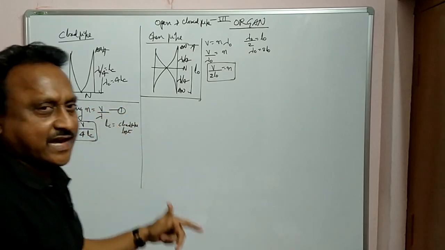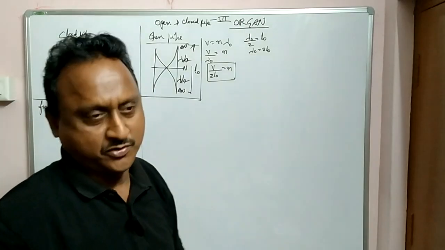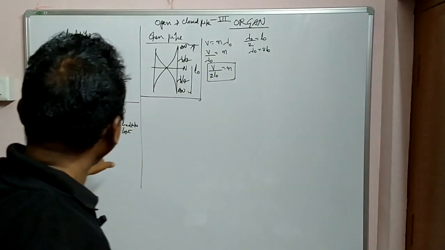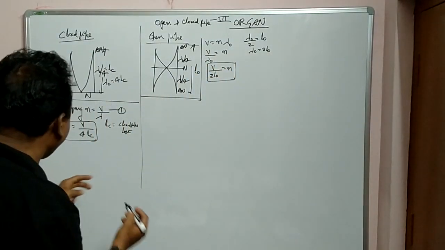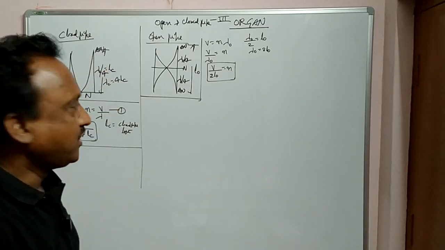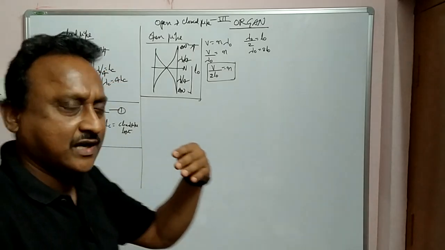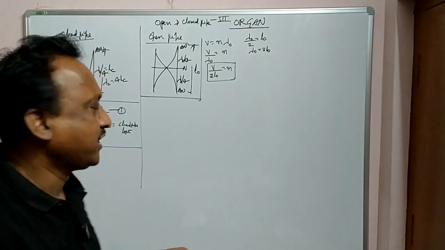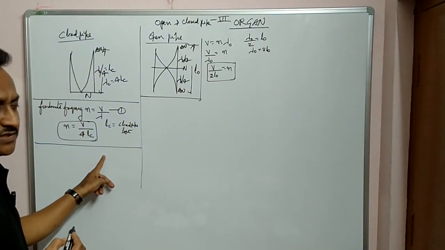In the same way you can go for harmonics and overtones. See here carefully, this is the fundamental frequency. Please copy this. If you go for the next one, for example the second harmonic, third harmonic, fourth, fifth, and so on. Let us try for this one.